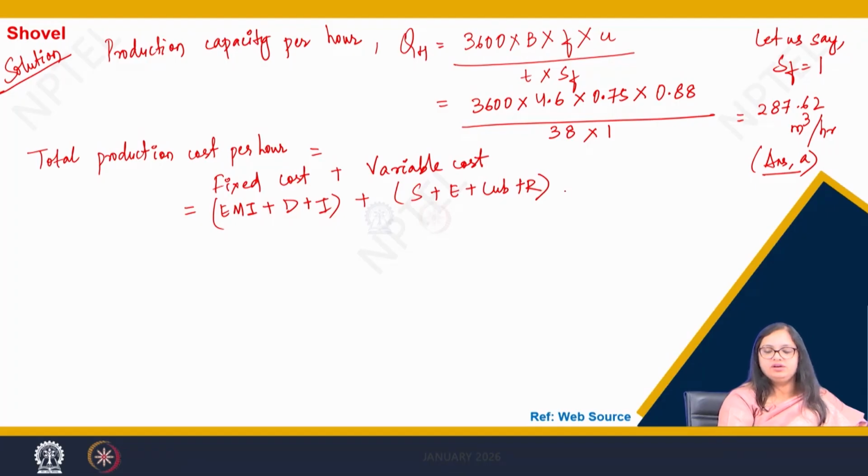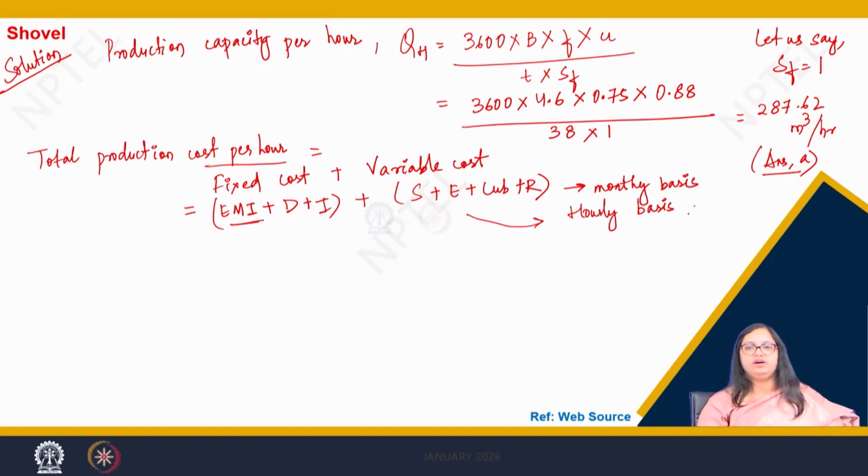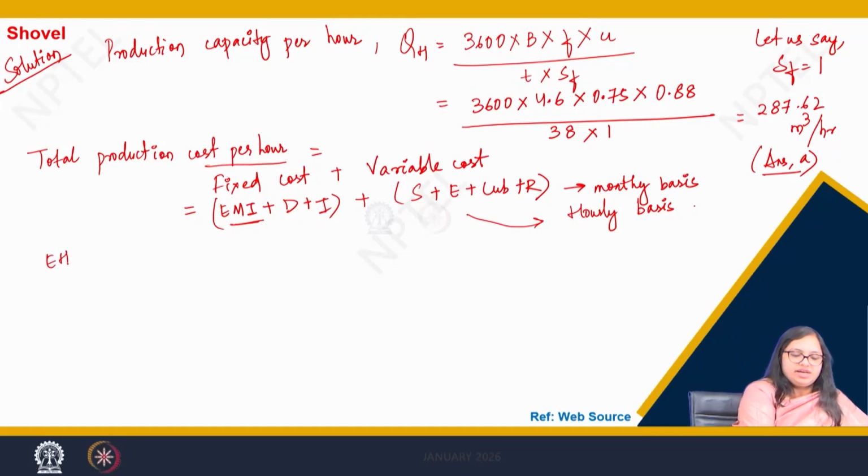Now, my EMI is on a monthly basis, right. So, what is asked in the question is per hour. So, I have to calculate this completely on an hourly basis. First, if we find the EMI, or rather I would say EHI, that is equal hourly installments.